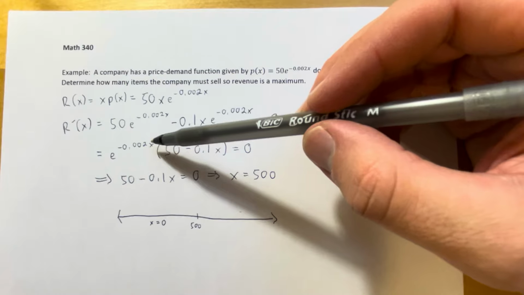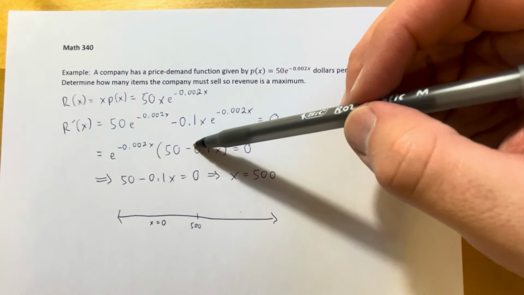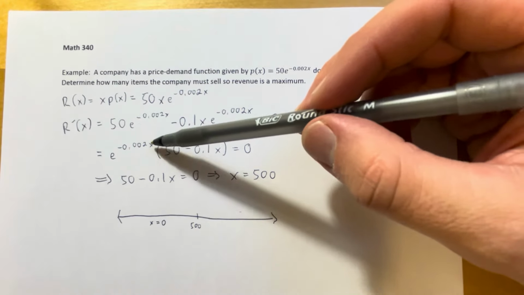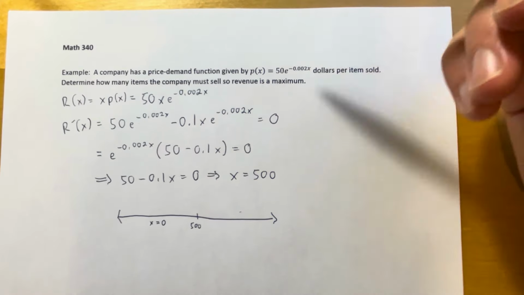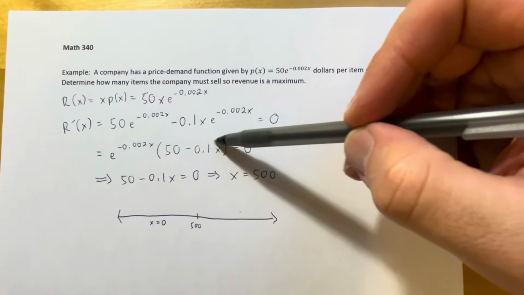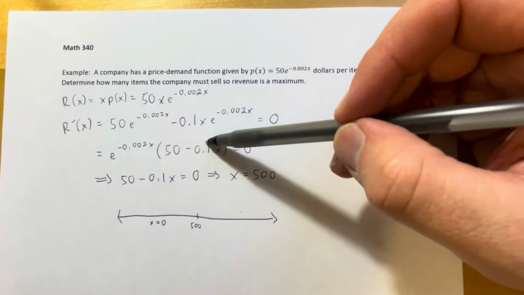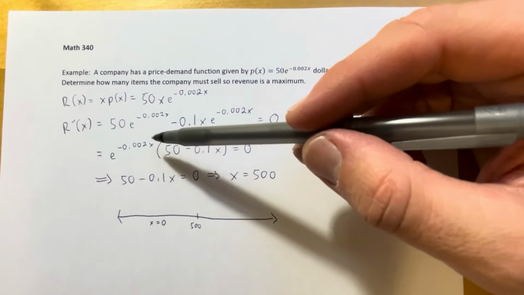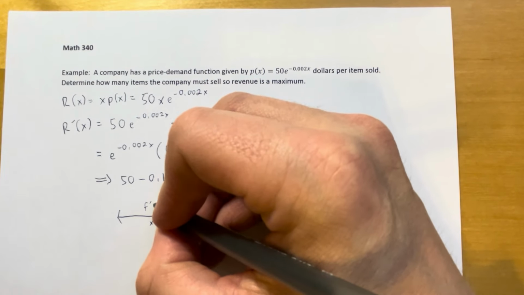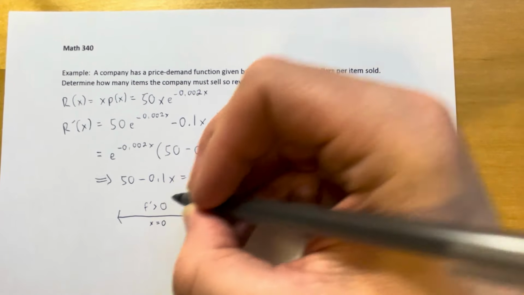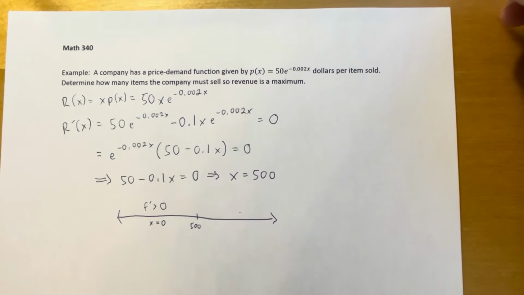I'm going to have the easiest time, I think, using this factored version. So plugging a 0 in for x here gives me e to the power of 0, which is 1. That's positive. If I plug a 0 in here, this term goes to 0. 50 minus 0 is 50, also positive. I have positive times positive, so f prime is positive on that subinterval.